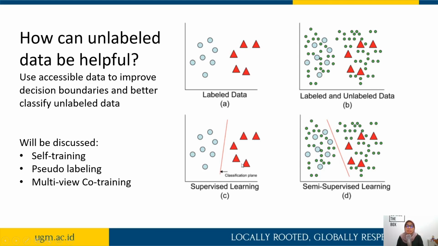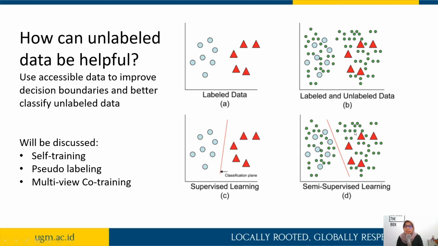Using supervised learning, we can create a decision boundary that differentiates the area of the rectangle and circle.